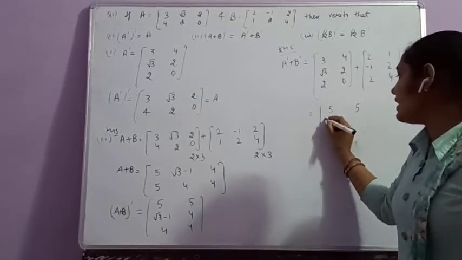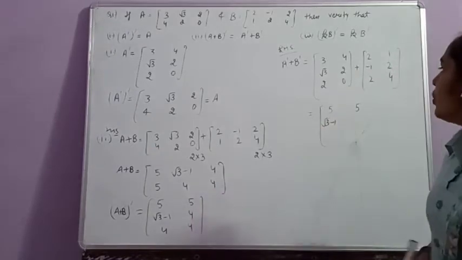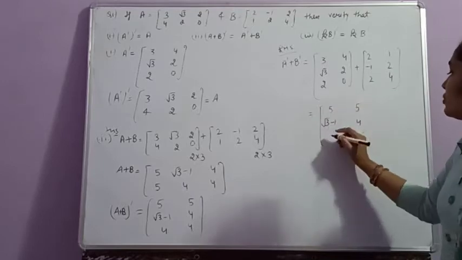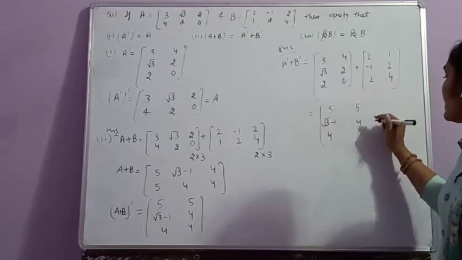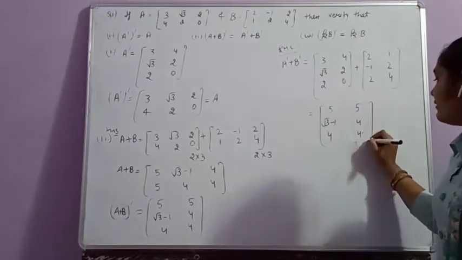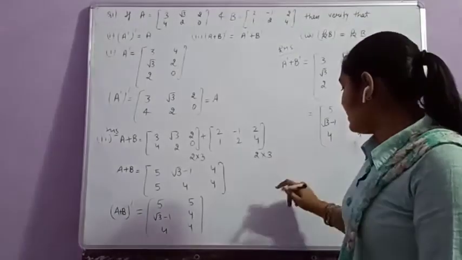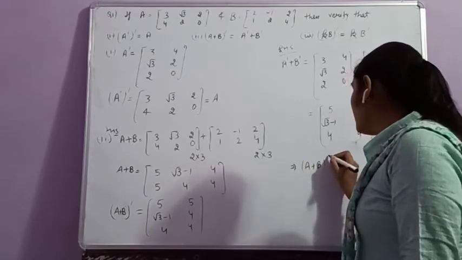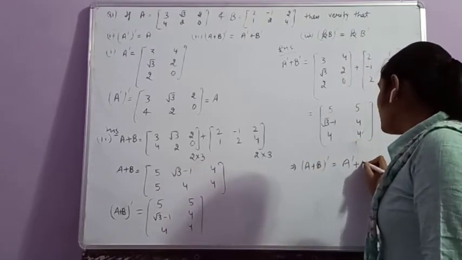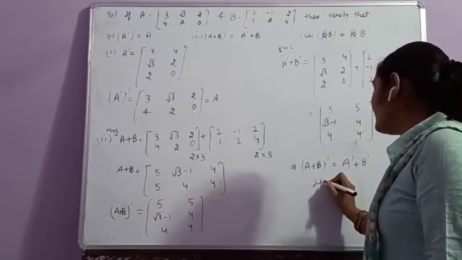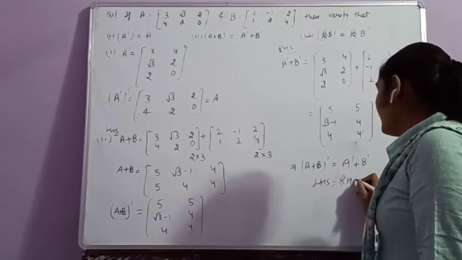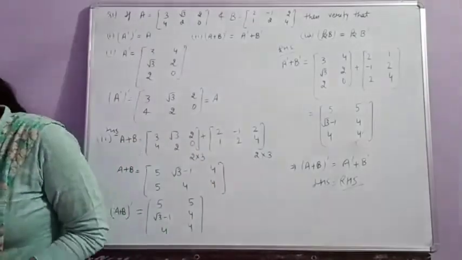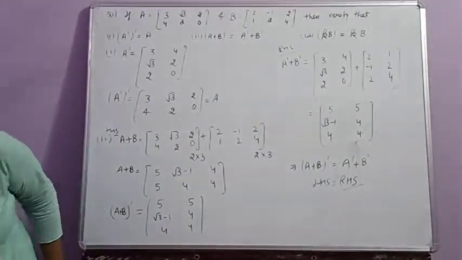Root 3 plus minus 1, root 3 minus 1. Similarly, 2 plus 2 is equal to 4, 2 plus 2 is equal to 4, 0 plus 4 is equal to 4. And we can see that both are the same. That implies A plus B transpose is equal to A transpose plus B transpose. That is, left hand side is equal to right hand side. Clear?